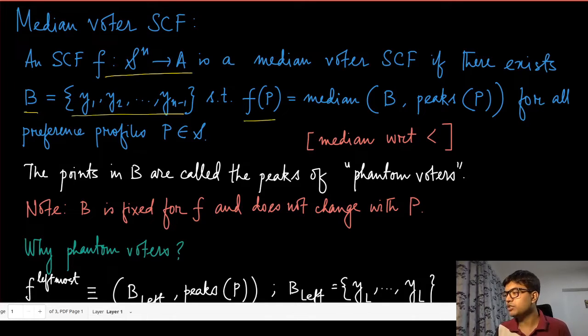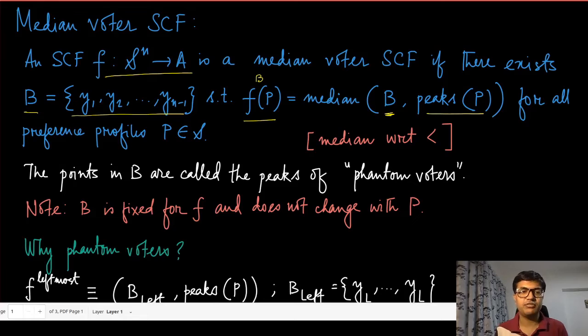So the social choice function is actually indexed by B itself, that is, given a specific B, a set of phantom peaks, we are picking the median of those peaks and also the peaks of the players. So how can we actually represent the common things that we have discussed?